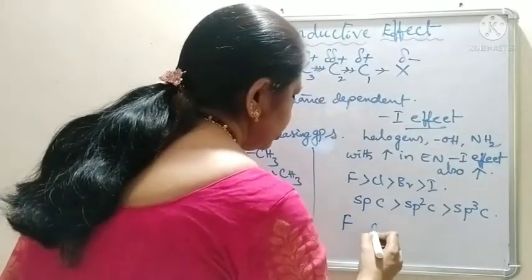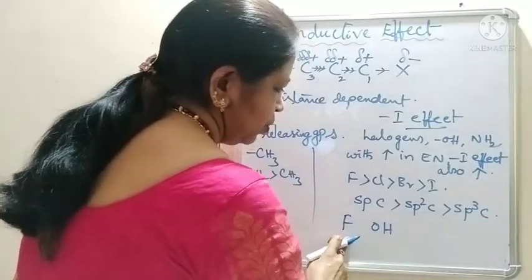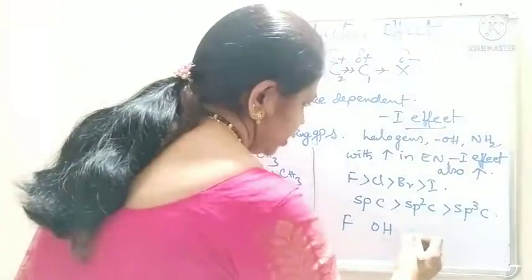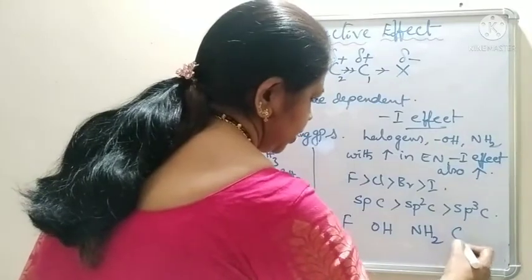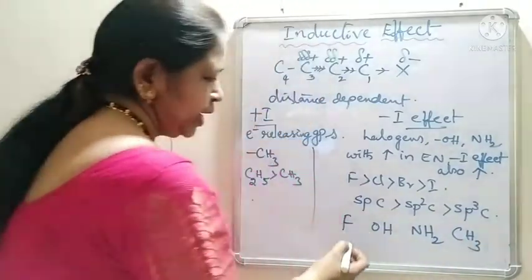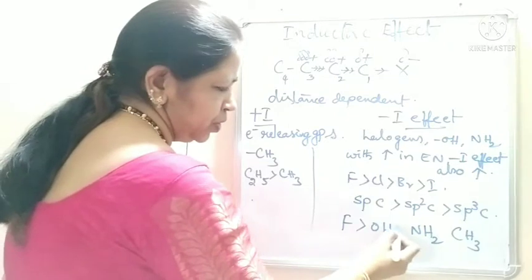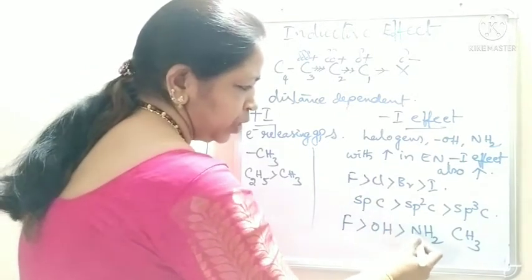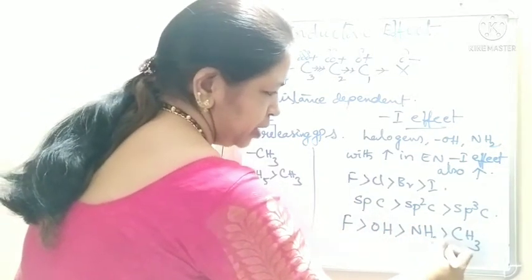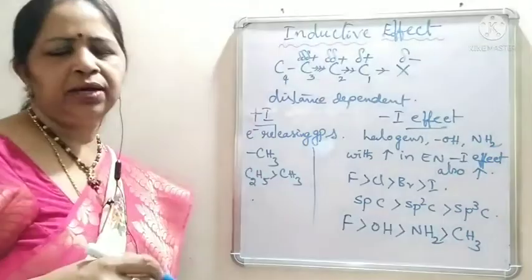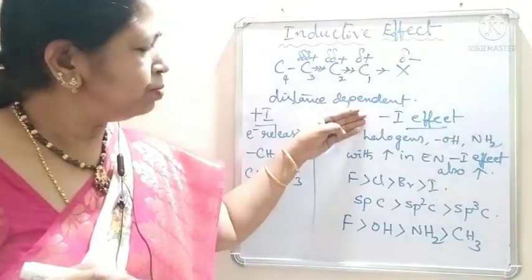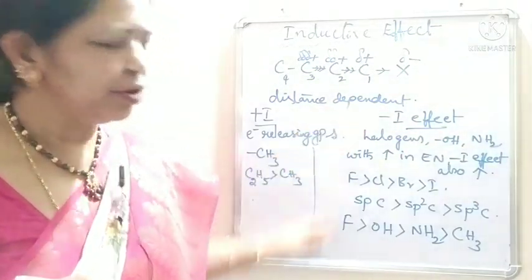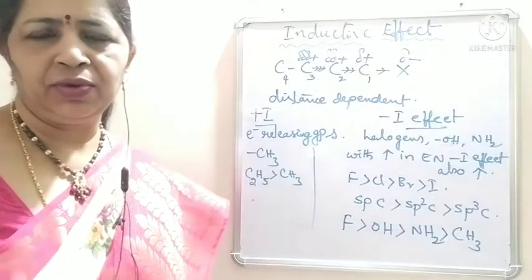And if we have this kind of groups, fluorine, hydroxyl, NH2 and CH3: fluorine is more electronegative than OH, oxygen, which is more electronegative than nitrogen, NH2, which is more electronegative than the methyl group. Okay. So, these are the minus I effect causing groups, which are more electronegative groups.